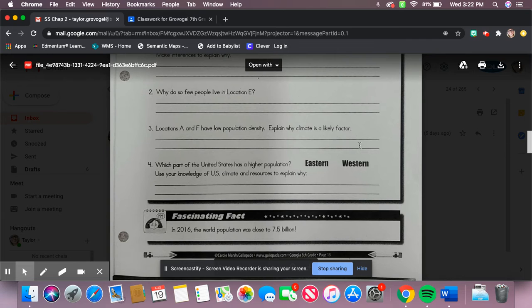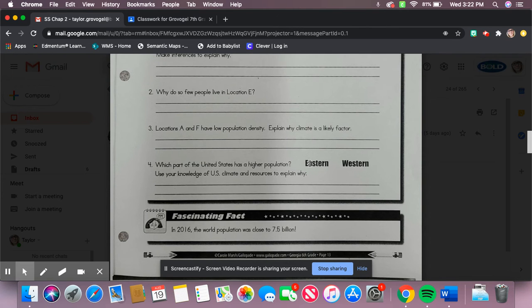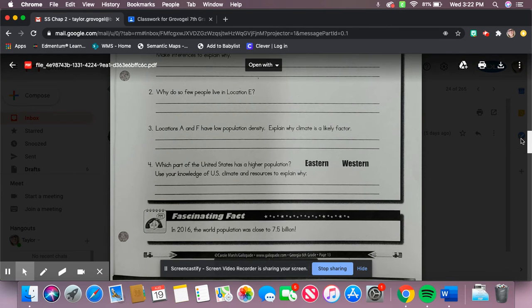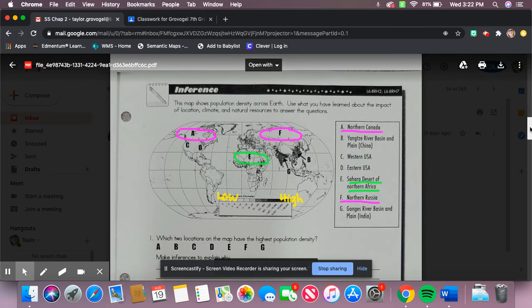All right, let's look at our last question here. It says, which part of the United States has a higher population, eastern or western? So let's answer this first part first. Let's look at our map. Our map does not give us a compass rose. So what we can do is tap into that prior knowledge, and you can create your own compass rose, which gives us our cardinal directions right on the side.